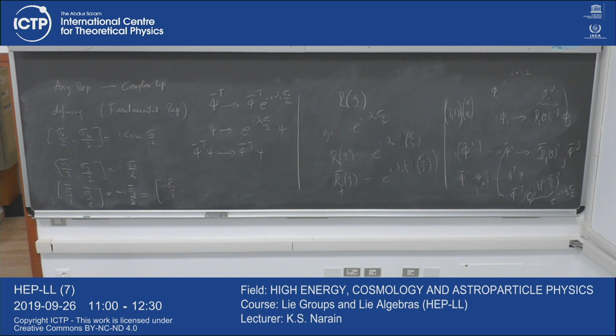Or any group. And there will be lots of different fields in your theory, and each field will be transforming in different representations. Now, ultimately what you want to construct is a Lagrangian or action which is invariant under the full symmetry group.